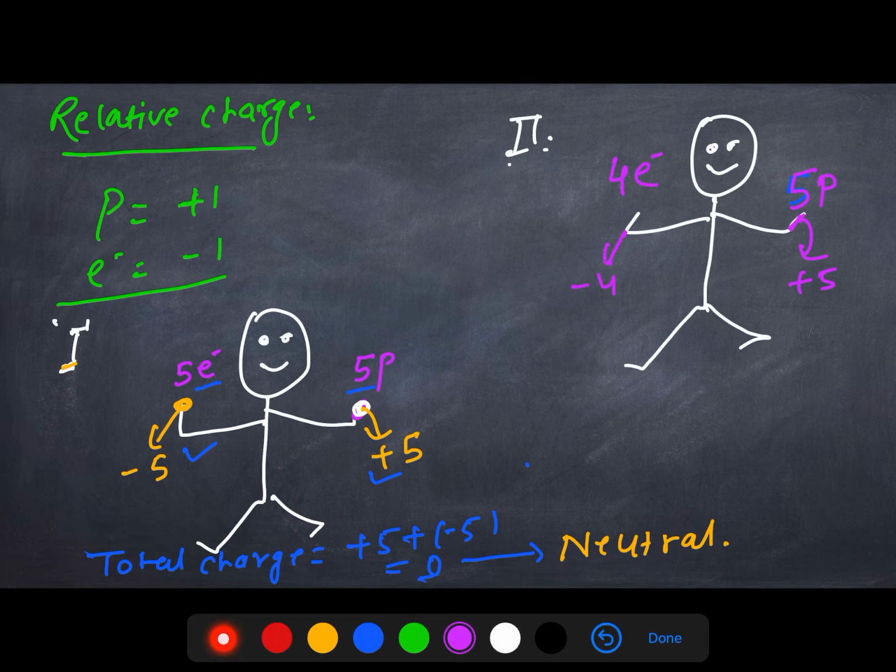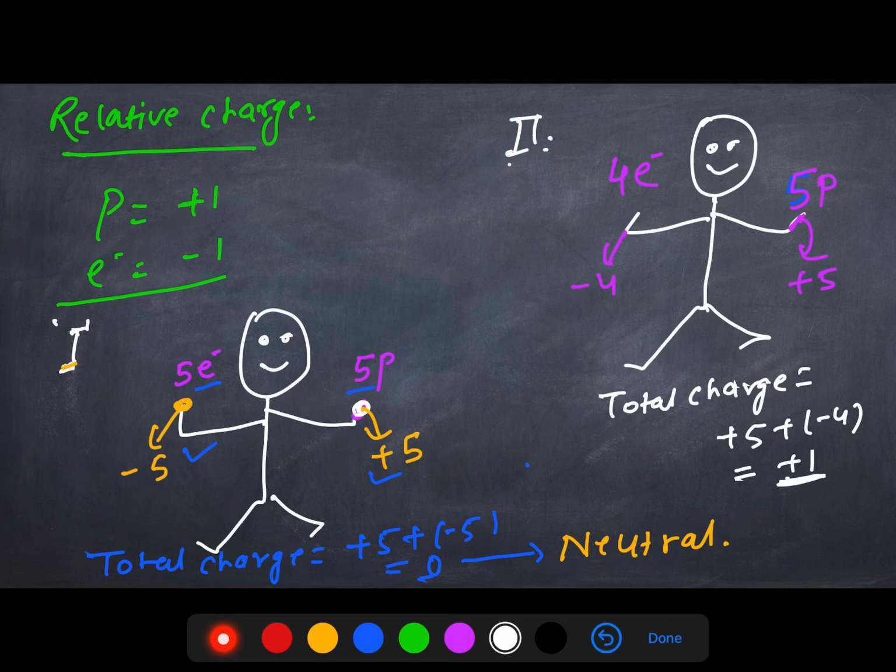Because of 5 protons, his right hand carries plus 5 charge and his left hand carries minus 4 charge, right? If I have to calculate the total charge this person is carrying, is it plus 5 plus minus 4 equals plus 1? Right? So in this particular case, this person is carrying a net charge of plus 1.